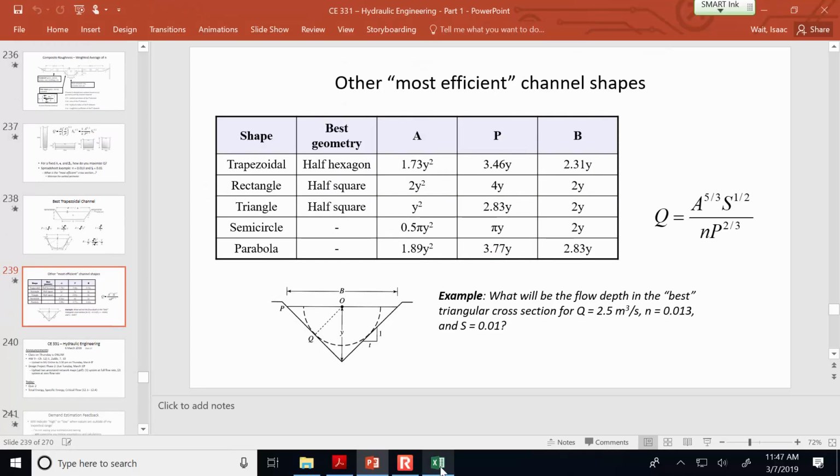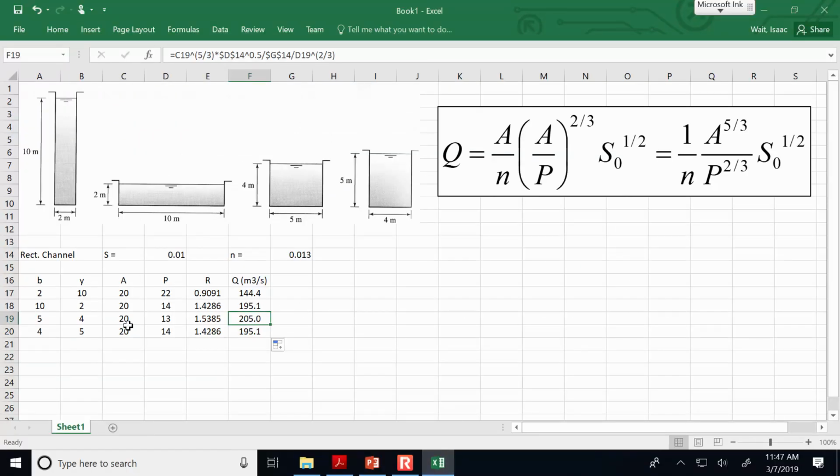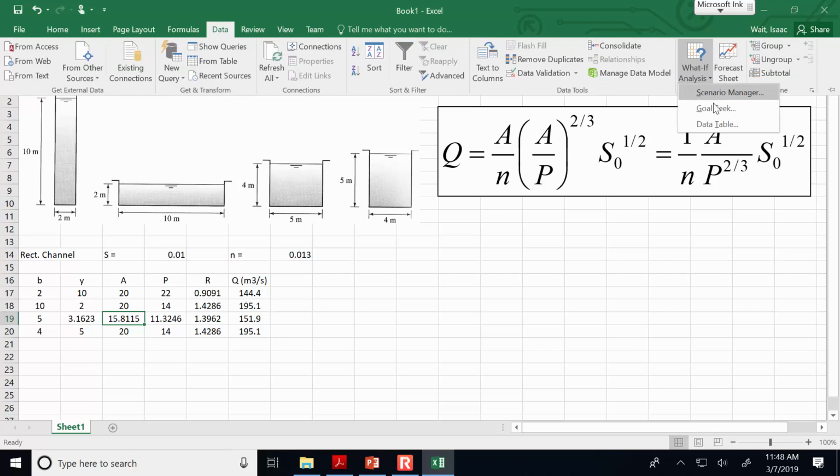Well, let's see if that's ideal. Let's go back to the spreadsheet and test it by changing the depth to 3.1623 meters. We need to make sure that this gives us the area of 20. So I'm just going to do a what-if analysis. Data, what-if analysis, goal seek.